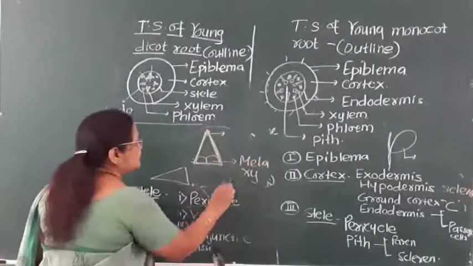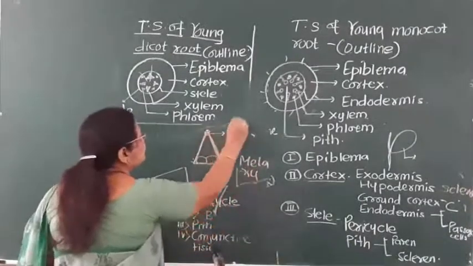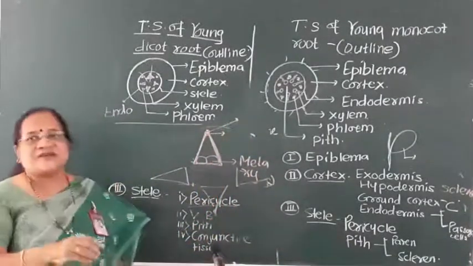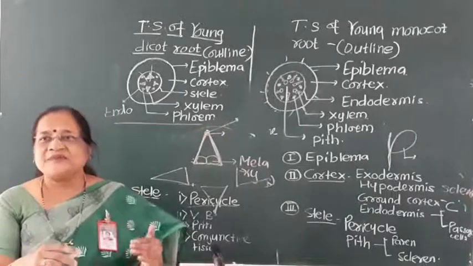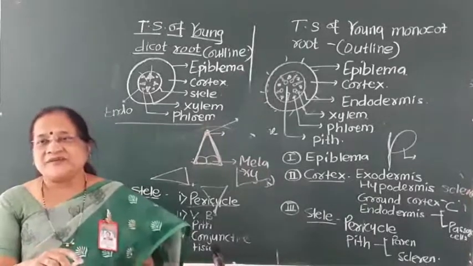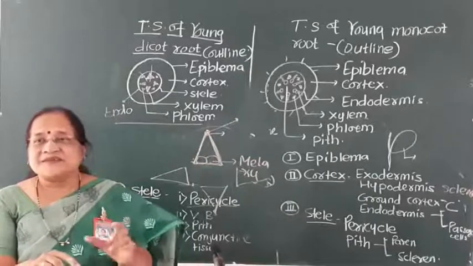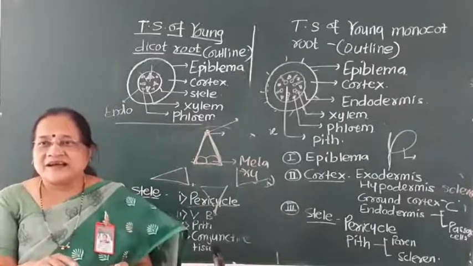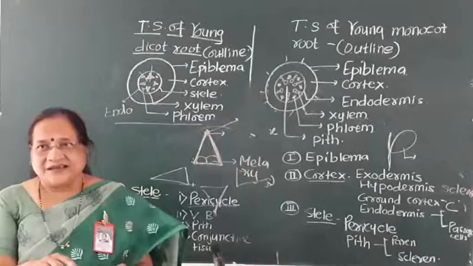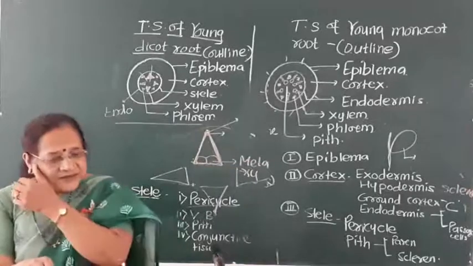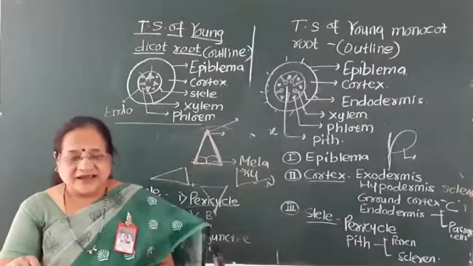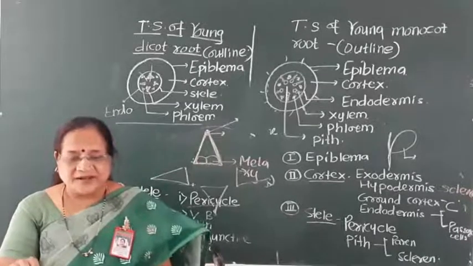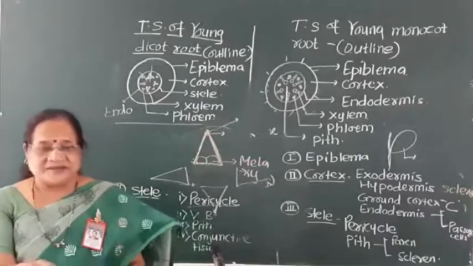The protoxylem structures face towards the periphery, so we call this the exarch structure, that is, protoxylem towards the periphery. So it is described as tetrarch, exarch xylem. In this xylem we get vessels as well as xylem parenchyma, and the vessels are few in number.